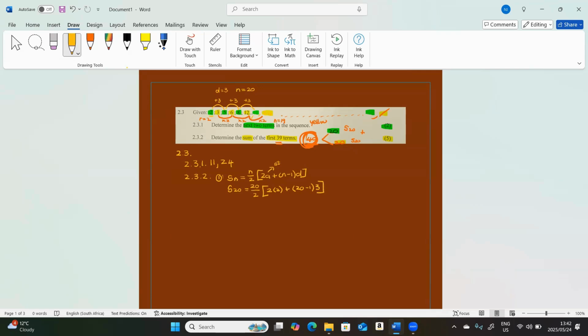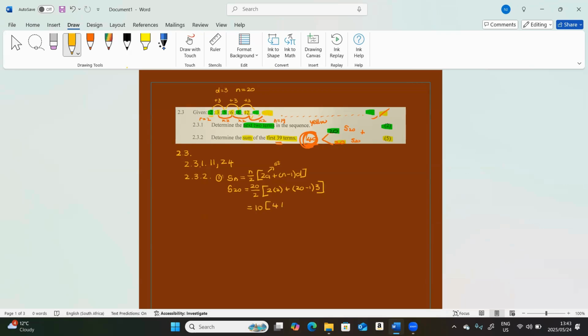Okay, I would suggest that you do the simple math that you can quickly do, because it's always best to type in as little as possible in your calculator to avoid mistakes. So we know that 20 divided by 2 is 10. We know that 2 times 2 is 4.